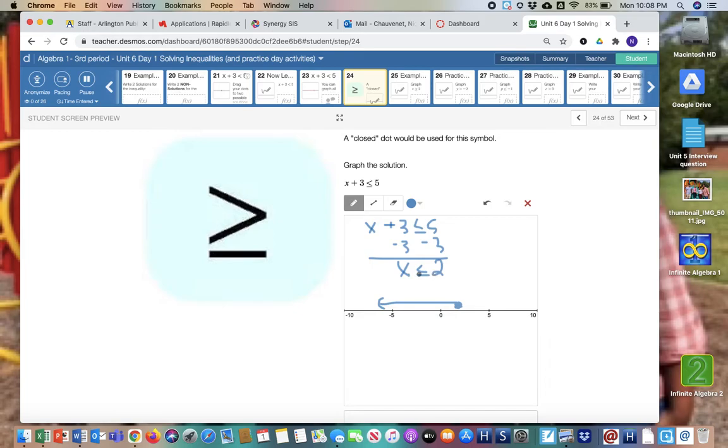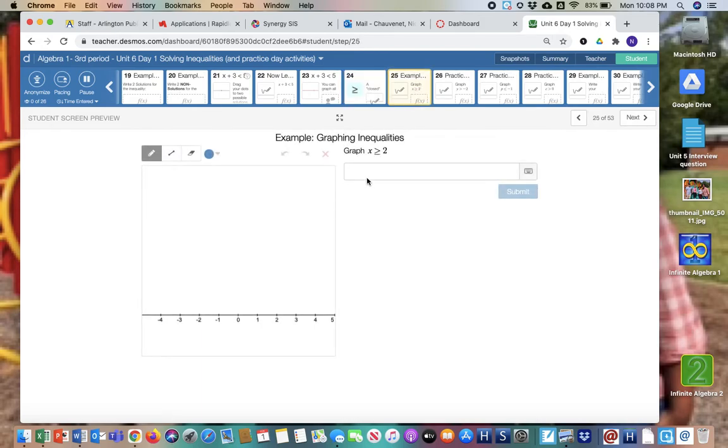And the reason why is now it says or equal to 2. So 2 does make this a true solution. So now it is a solution, whereas before it was not. So how would I graph x is greater than or equal to 2? I'd put a closed circle above 2. Since it's a greater than, I would draw an arrow to the right. Okay? Because every single number greater than 2 is a solution here.